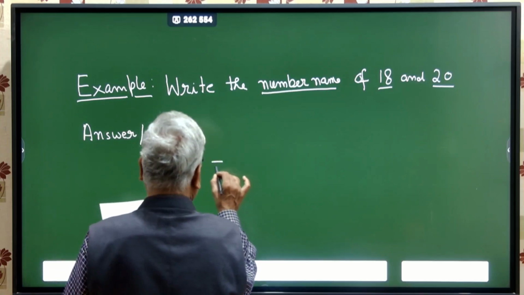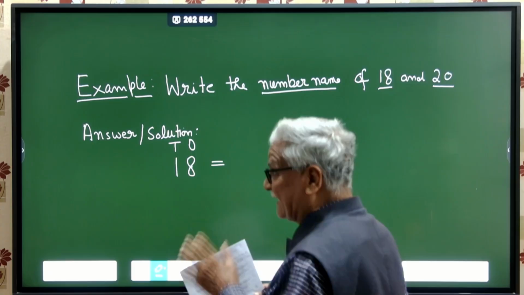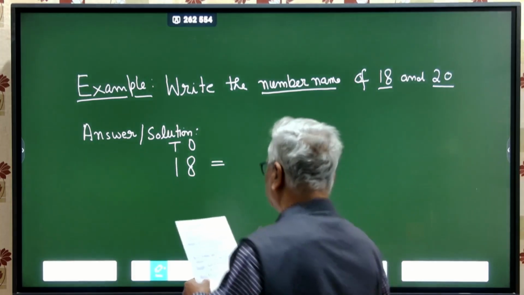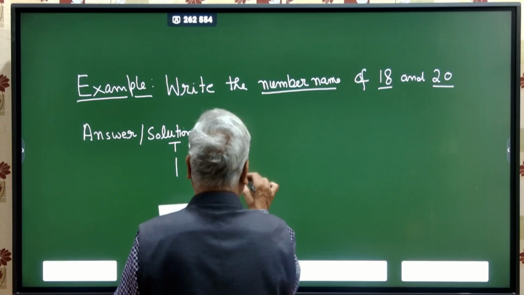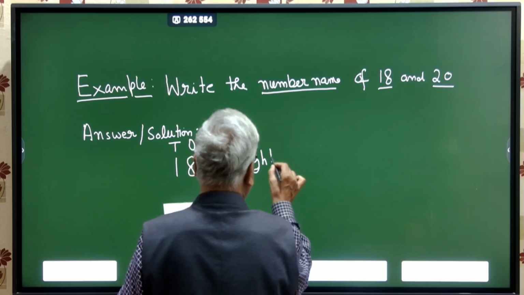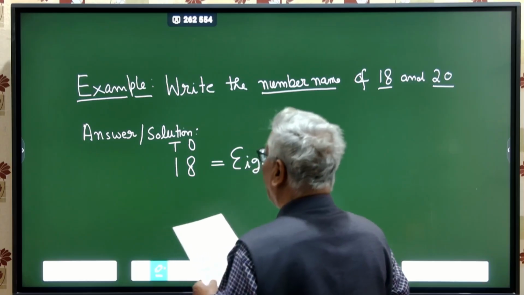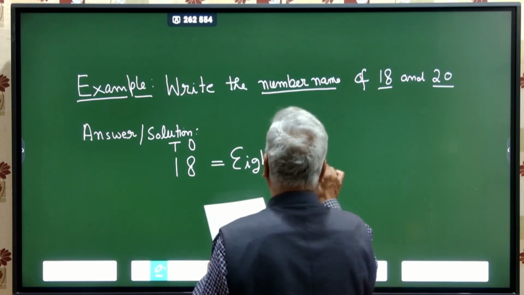Then, what is 18 in words? 18 is E I G H T double E N, eighteen. And it is a number name.